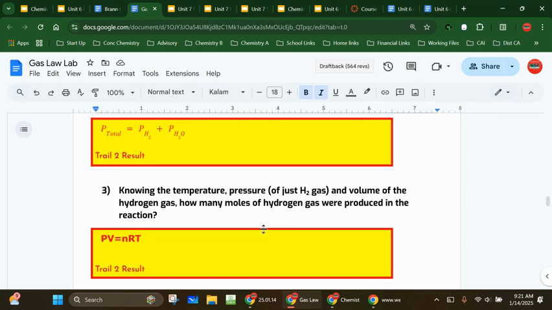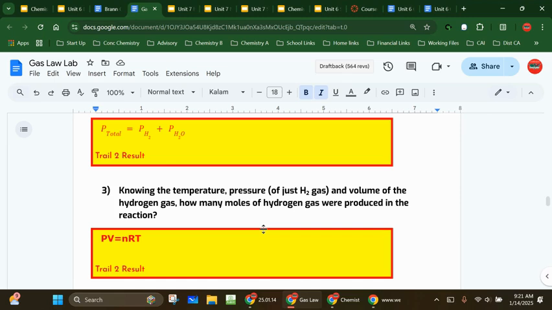So that was the way we were able to actually measure the pressure inside the tube without having to put some sort of instrument in there.